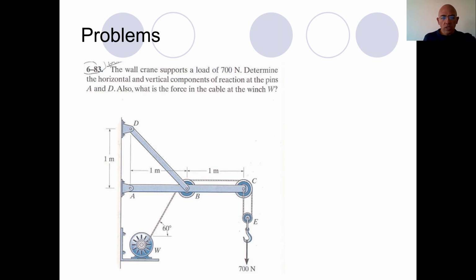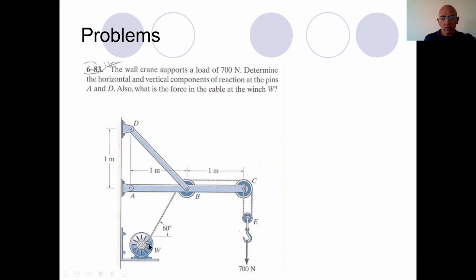Okay, so we have a system, a crane, which is supported to the wall at points A and D. We have pulleys at points B and C. There's a free pulley at point E, and there acts a load of 700 newtons on the hook.